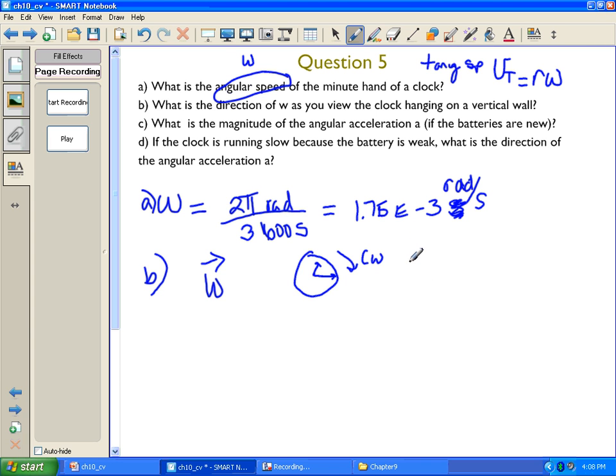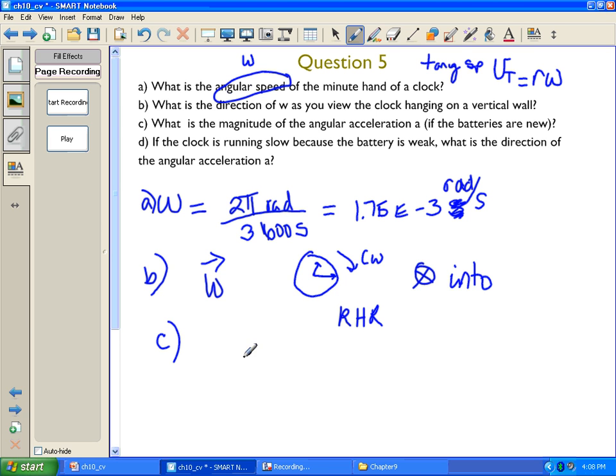If we take our 4 fingers and sweep them in the clockwise direction, notice that the thumb points into the plane of the clock. So the direction of omega given by the right hand rule is into.